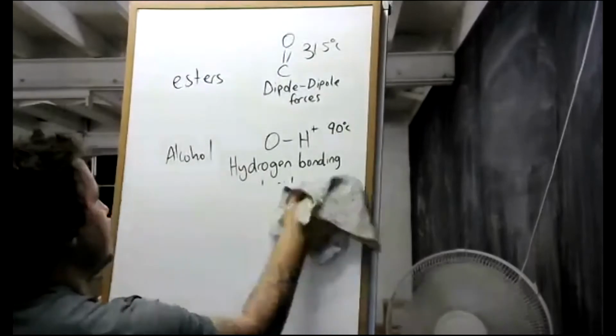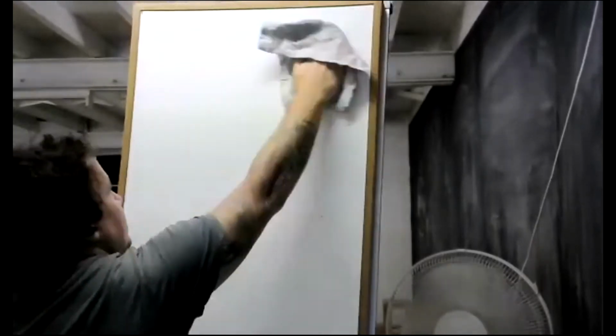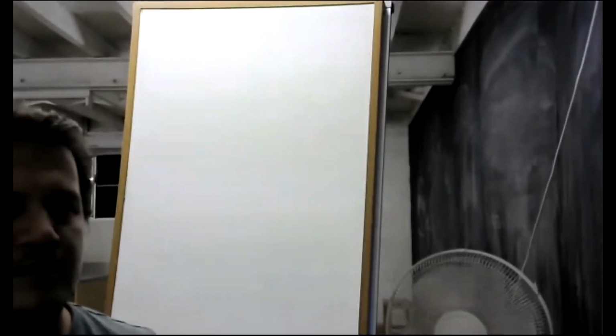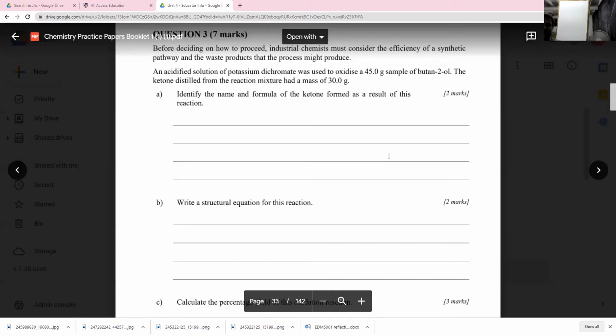So stick to the trend of organic chem. I would say 3 out of your 7 or 8 complex unfamiliar or these kind of paper 1 questions are going to be organic chemistry. And they're often going to encompass multiple ideas.